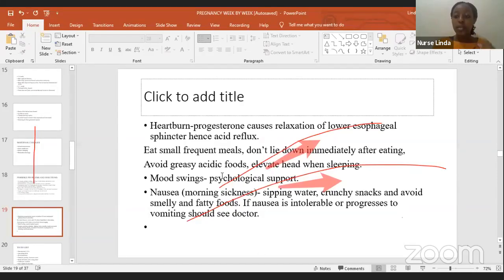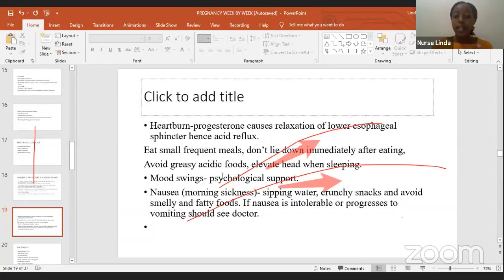But in pregnancy, the progesterone hormone is relaxing this sphincter, and it leaves an opening, and so food is able to come out from the stomach and back into the food pipe. Remember, we have acid in the stomach, and so when this food is in the stomach, it mixes with the acid. And now when it goes back to the food pipe, because the sphincter is relaxed, the woman experiences heartburn.